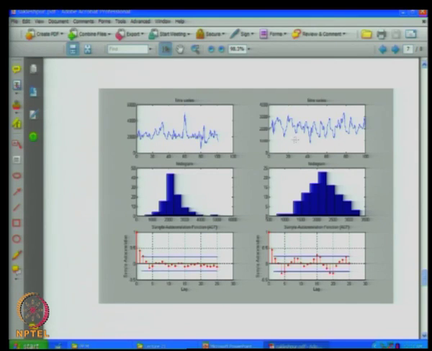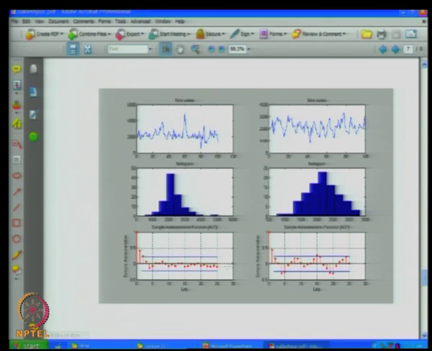You can see some similarities, not so much in the time series itself, but the histogram appears to be similar in some sense in terms of the distribution of the data. Remember the scales are different, this is 500 to 3500, whereas here it is 0 to 6000. That is why it appears slightly wider in this case.